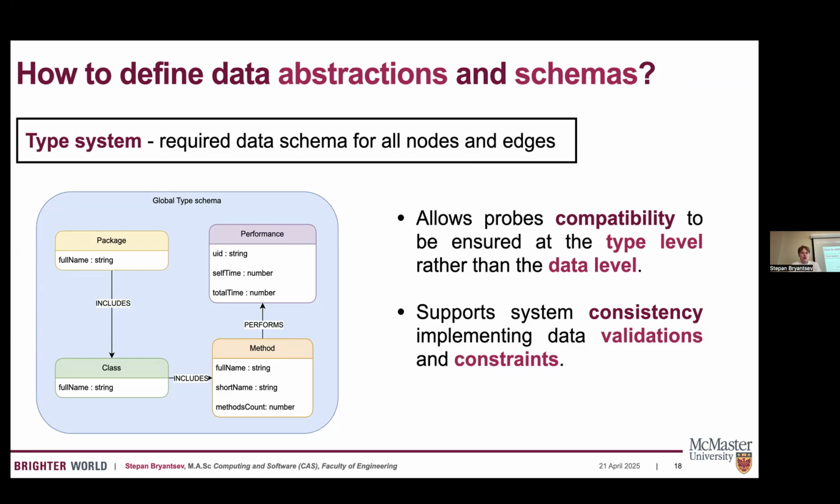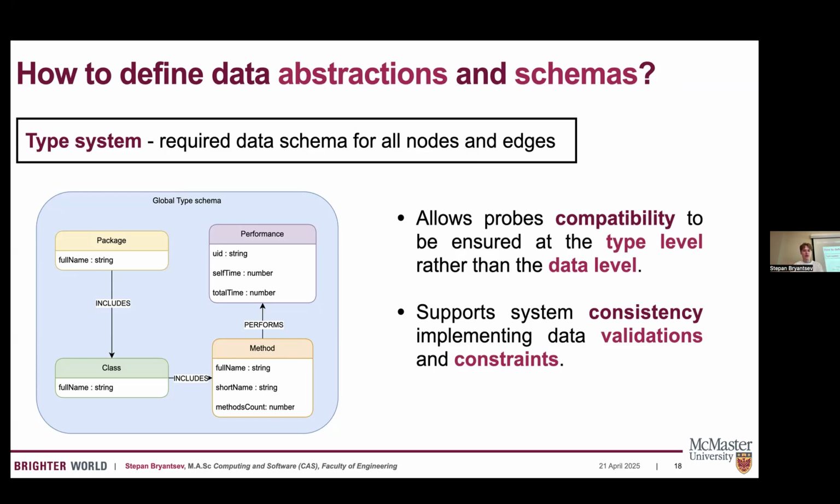First of all, the type system allows probe compatibility to be ensured at the type level rather than the data level. In other words, before pushing the actual data, we are able to tell if the data is compatible together. So it's very useful, as we can understand what kind of data we are working with during our maintenance process.